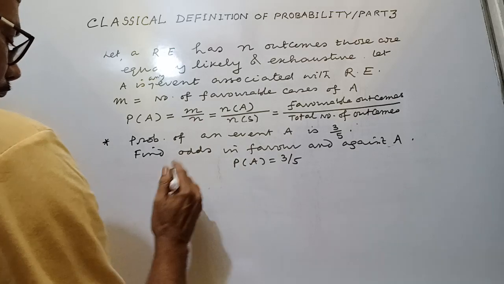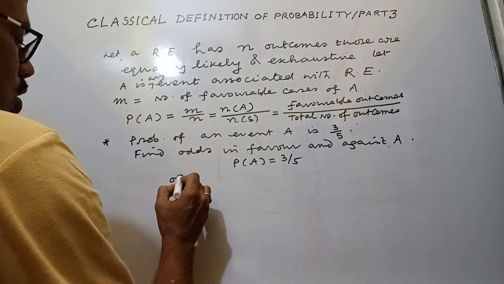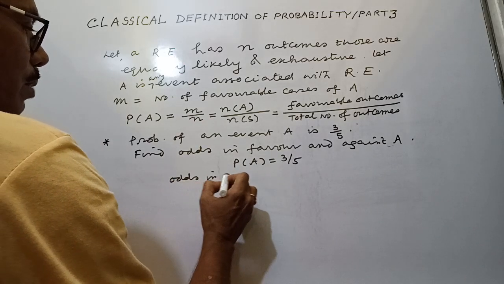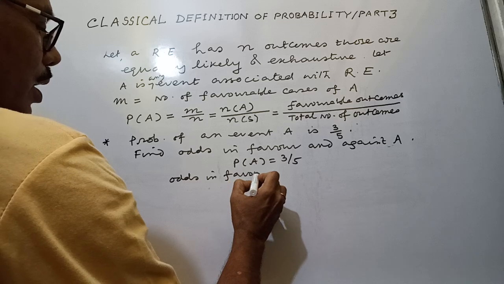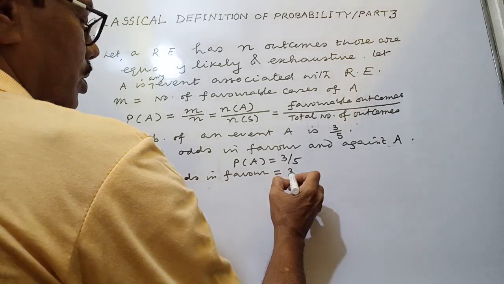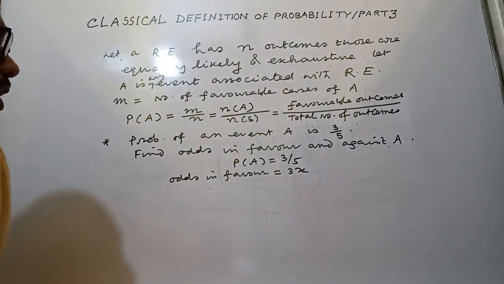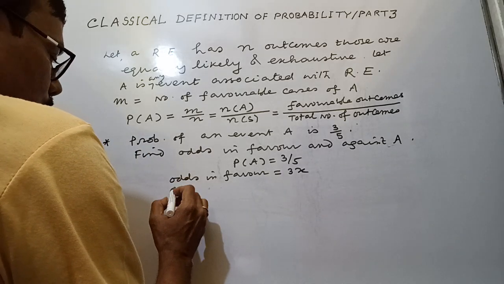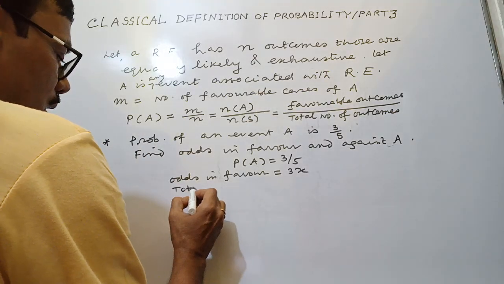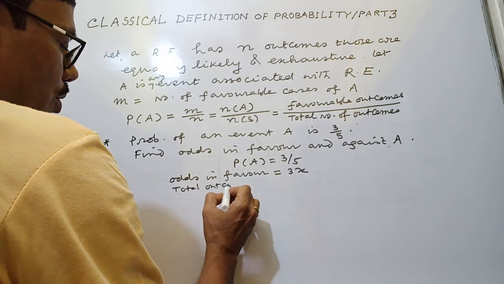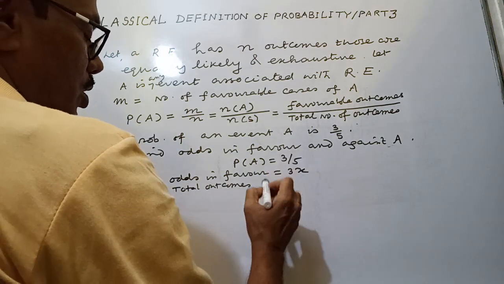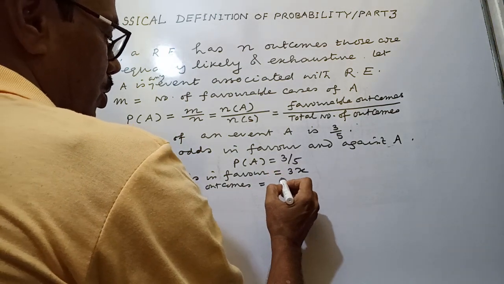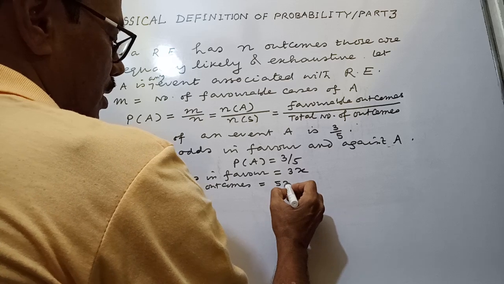Now 3 is favorable, so outcomes in favor equal 3x. Total outcomes is 5x.